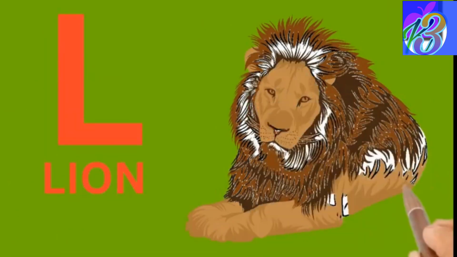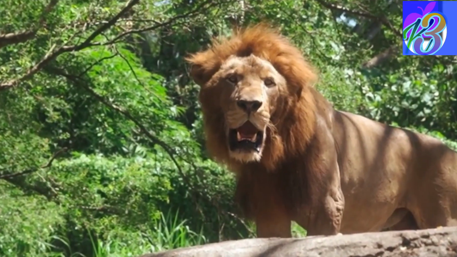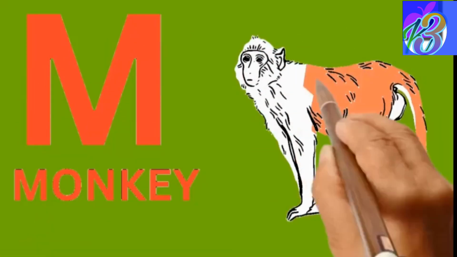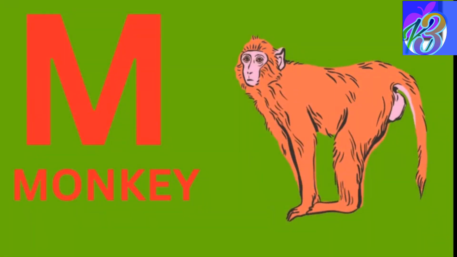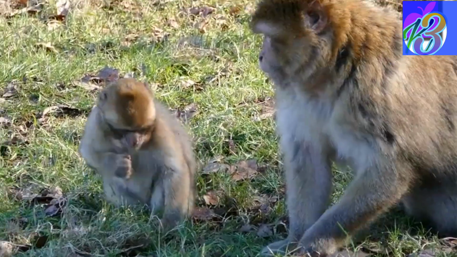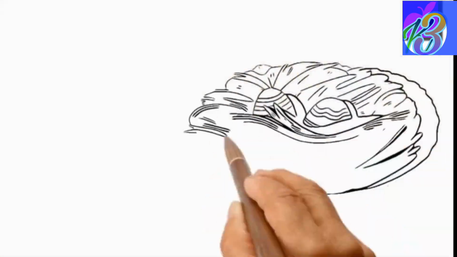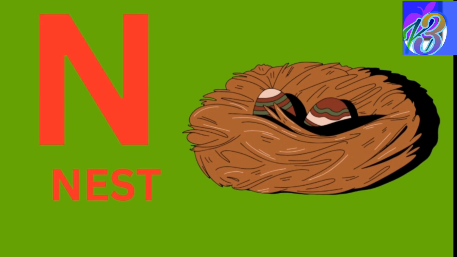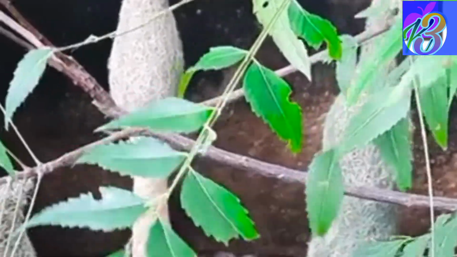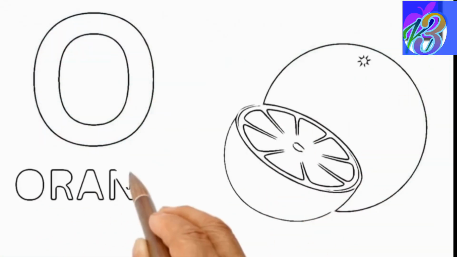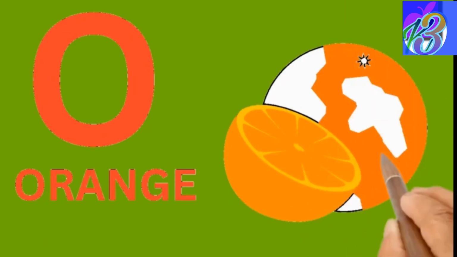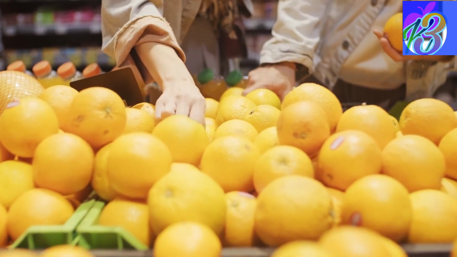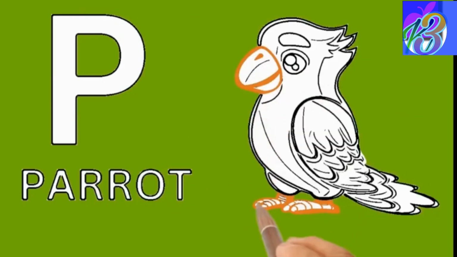L for line. M for monkey. N for nest. O for orange. P for parrot.